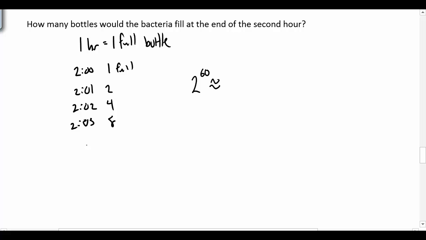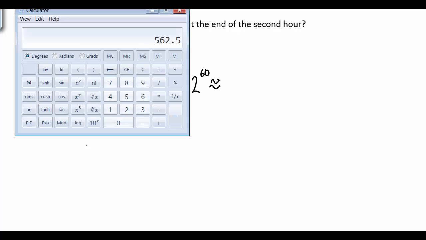Now, I'm going to try this on my calculator. Your calculator may or may not be able to do this. 2 to the 60 power. Let's see what it does. Look at that, I get this lovely number here.